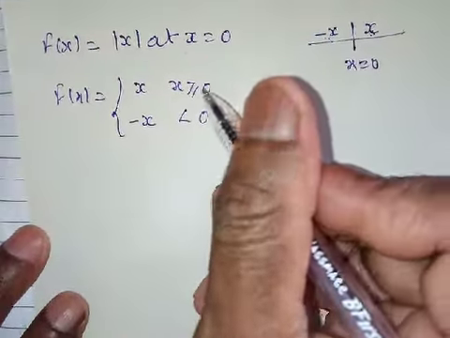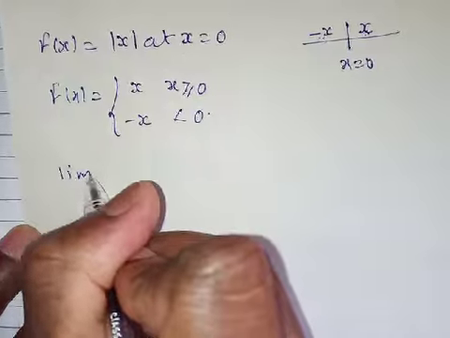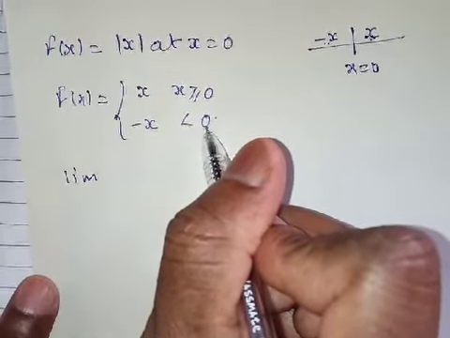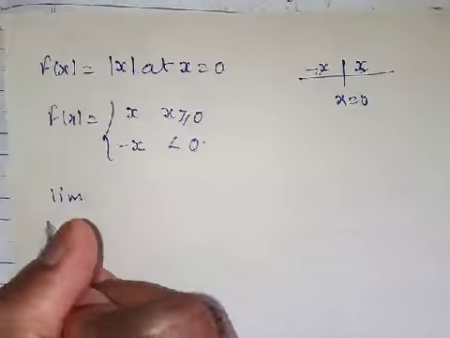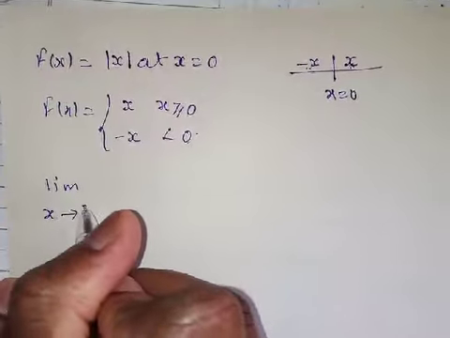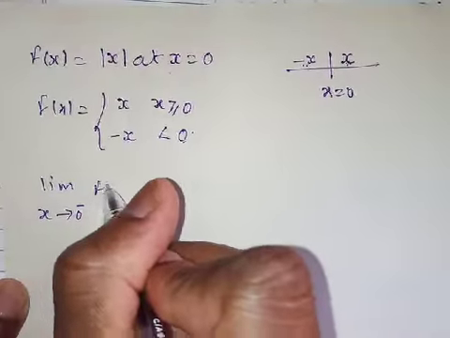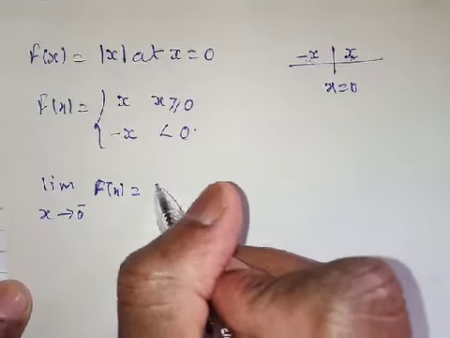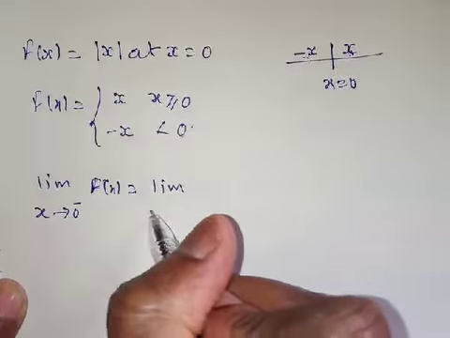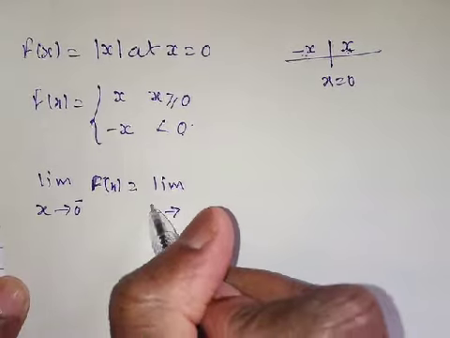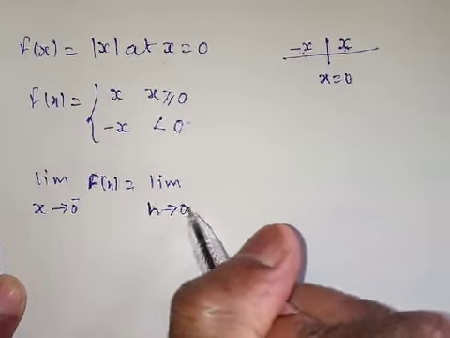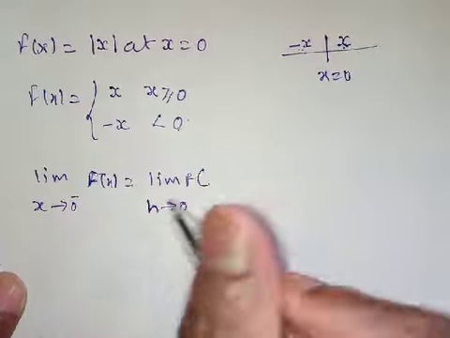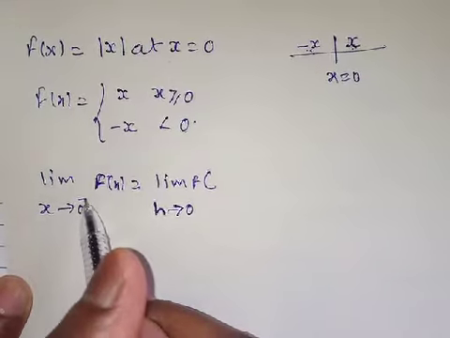So what is the definition? We are checking for continuity at 0. So limit x tends to 0 minus of f(x) is equal to, we'll change the limit, limit h tends to 0 of f(0 minus h).